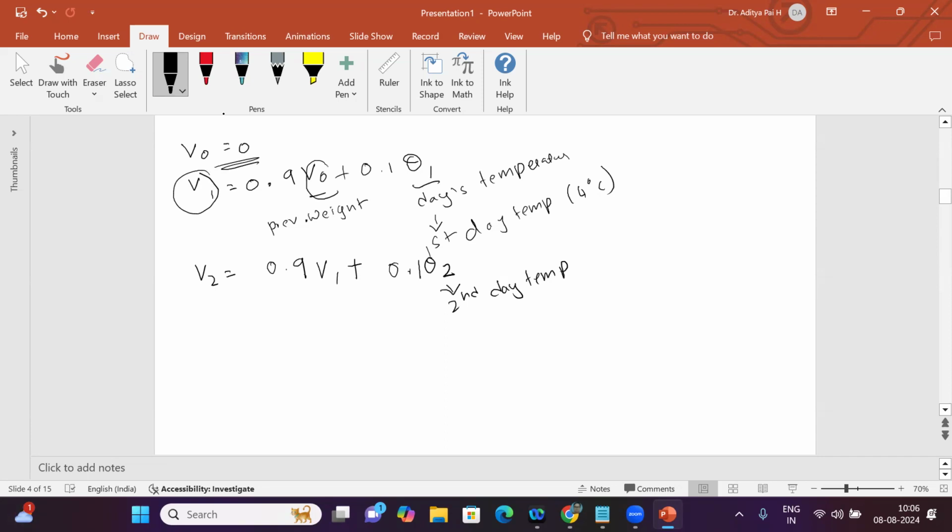So when I write 0.9 into 0, it's nothing but 0. So 0.1 into theta 1. Theta 1 is nothing but the first day temperature. Same way here, whatever you get in the v1 value is applied to this v2. So we can say 0.9 times v1, so this particular value is applied to this, plus 0.1 into theta 2.